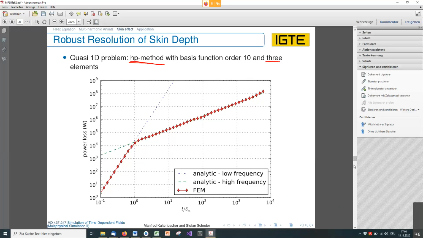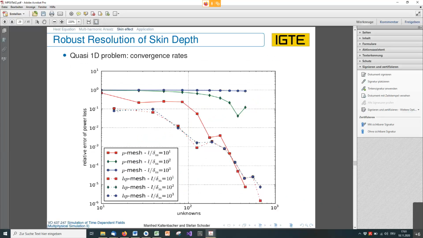Okay. And of course, here are some convergence rates for the different methods we discussed before. But that's just a nice graph if you would like to compare your own finite element solver probably to CFS.